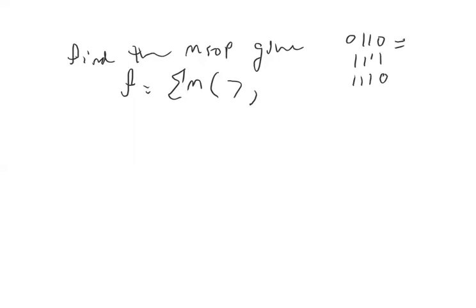These all have radix 10 representations. The first one is 2 plus 4, which is 6. The next one is 15. And this one here is going to be 14.